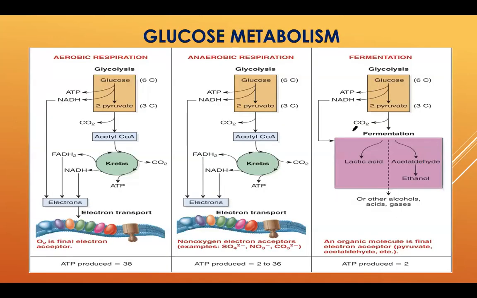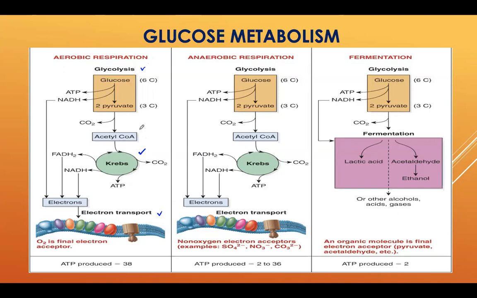Over here, this is the big picture of cellular respiration, okay? So what happened over here? This is the aerobic respiration in the presence of oxygen, anaerobic in the absence of oxygen, and then fermentation. Aerobic respiration has 3 steps: glycolysis, Krebs cycle, and the electron transport chain.